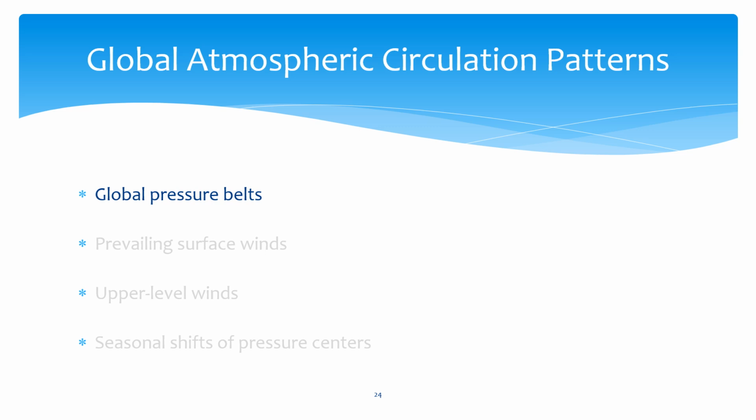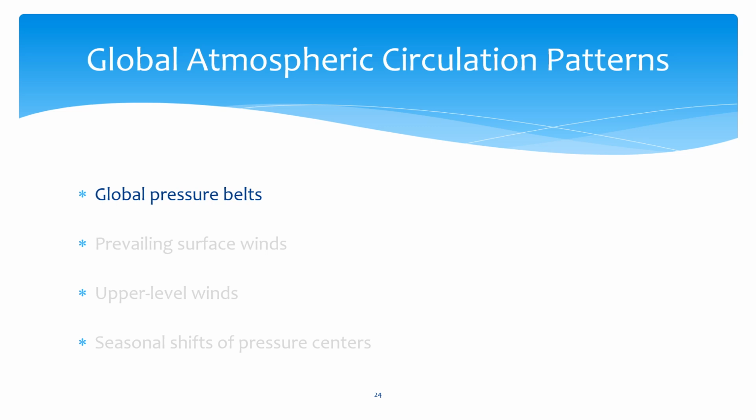These are basically giant belts of particular pressure that encircle the globe. So global high pressure is a wide region where air sinks, creating very clear, calm, and often arid conditions. Low pressure belts are wide regions where the air is rising, leading to cloud formation and stormy weather.